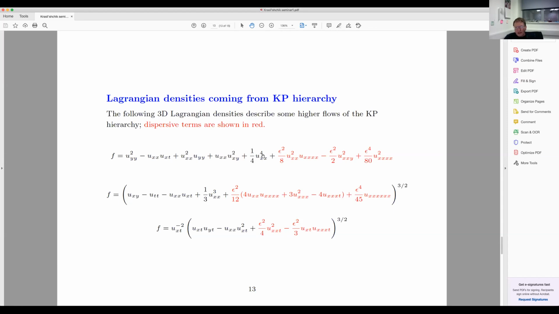And let me show you quite a sophisticated example, a very funny example of a Lagrangian density in 3D, for which we do not know a dispersive extension at the moment. And it's strangely related to the Lobachevsky function. So let me show you the formulas.